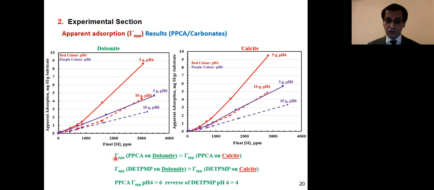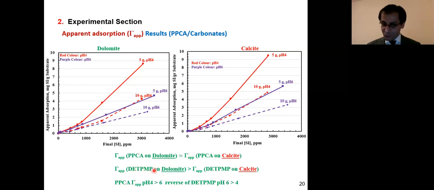And so we can conclude that the amount of PPCA adsorbed or precipitated on dolomite and on calcite is more or less the same. And it is completely different from what I have already shown you.